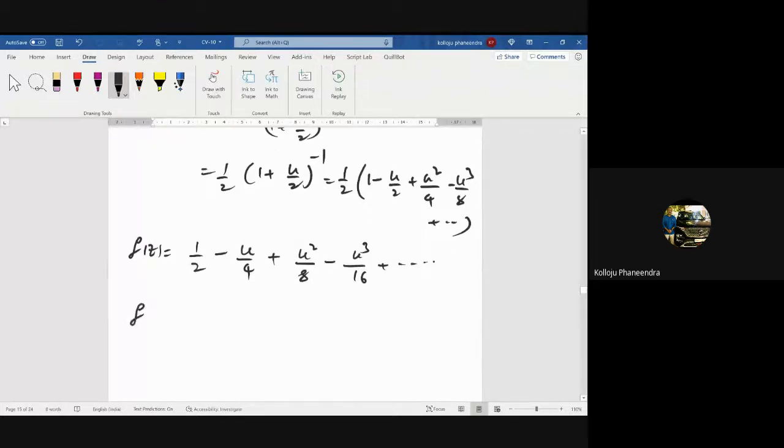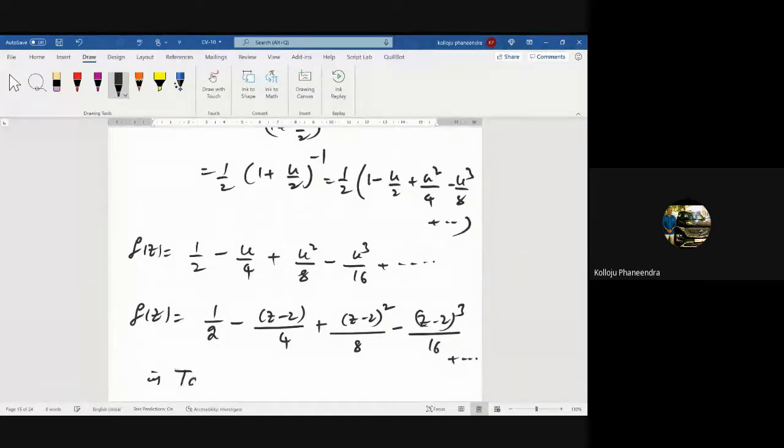Now substitute the u value, which is z minus 2. Plus z minus 2 whole square by 8, minus z minus 2 whole cube by 16 and so on is the Taylor series about z equal to 2.